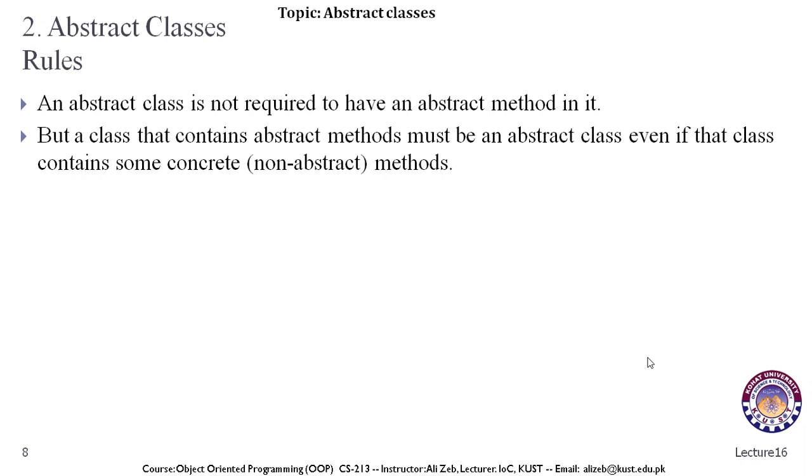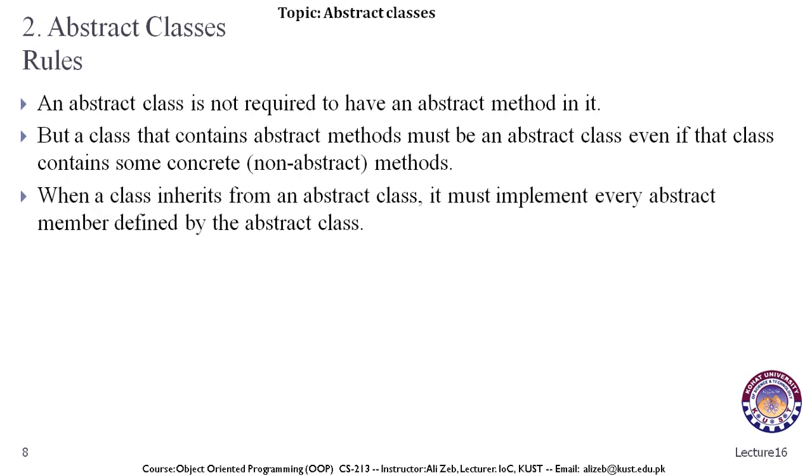But a class that contains abstract methods must be an abstract class, even if that class contains some concrete or non-abstract methods. As in our example, we had some implementations in our abstract class, but we also had some abstract methods in that abstract class. So in simple terms, if we include an abstract method in a class, we must declare that class as an abstract class.